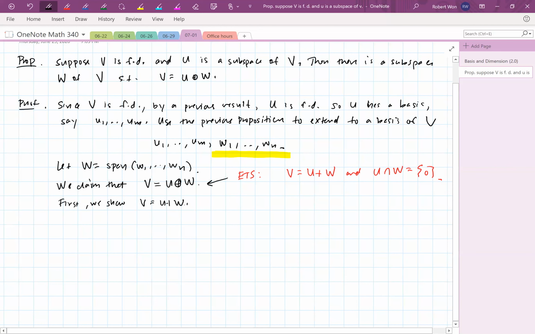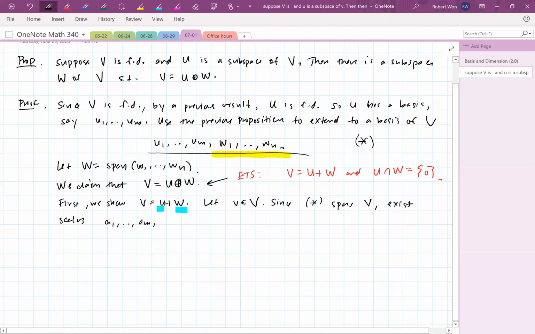How do you show that a vector space is the sum of two subspaces? I need to prove that every vector in V can be written as the sum of something from U and something from W. So let little v be in the vector space V. I need to write it as something in U plus something in W. But this list here was a basis, which means it spans. Since star spans V, there exist scalars A1 up through AM, B1 up through Bn, such that v is equal to A1 U1 plus up through AM UM plus B1 W1 up through Bn Wn.